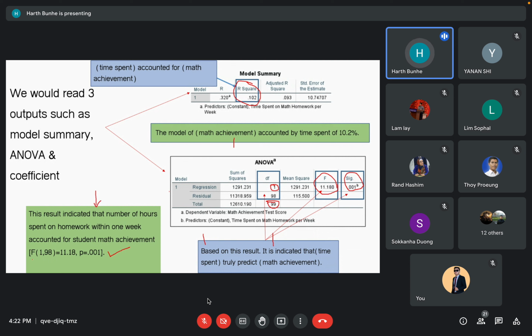But if you want to write in numbers from the table here, this result indicated that the number of hours spent on homework within one week accounted for the student's math achievement, or you can say like this box also, followed by the number here.